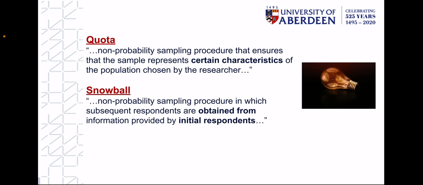So the first is what we call the quota sampling technique. Quota is a non-probability sampling that ensures that the sample represents certain characteristics of the population chosen by the researcher.